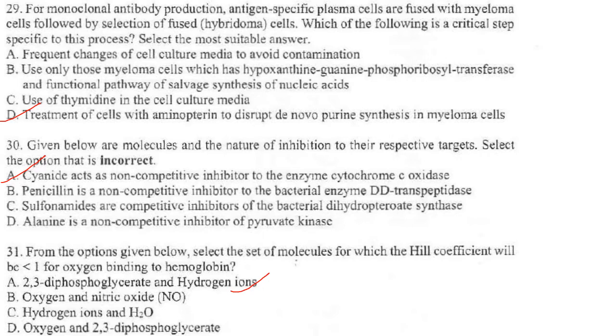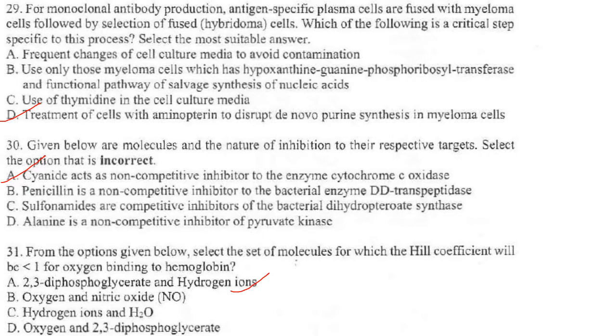Hence unfused myeloma cells die as they cannot produce nucleotides by the de novo or salvage pathway as they lack HGPRT. Then fused B cell myeloma cells survive since the HGPRT gene coming from the B cell is functional. These cells produce antibodies and are immortal.